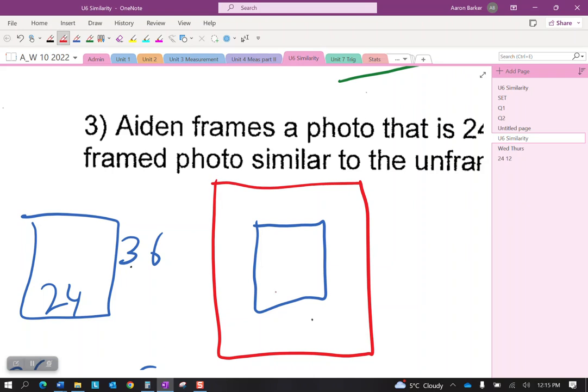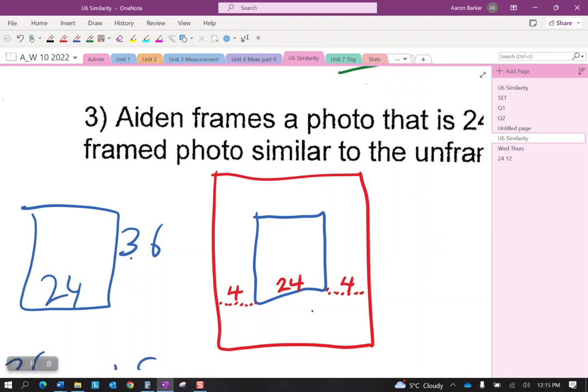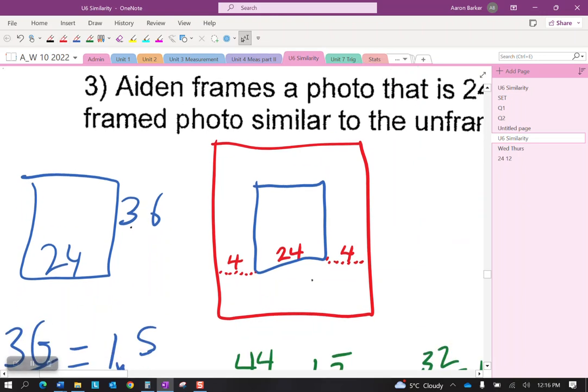So this is still 24, but now you have 4 inches here, and you have 4 inches here on both sides. So how long is the outside red line on the bottom? What's this size right here? 32. Yeah, it's 24 plus 4 plus 4, 32. Okay, so that's the tricky part there, 32.